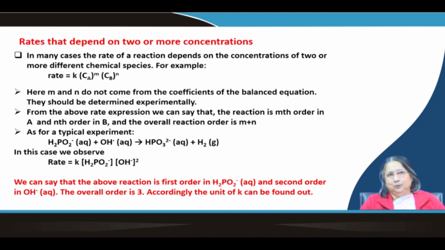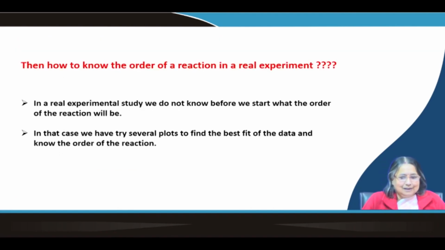That is up to you. Then how do you know the order of the reaction in a real experiment? I will show one actual experiment in the last lecture, but here I am explaining theoretically how to determine the order.